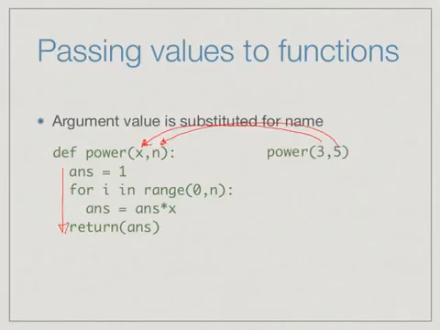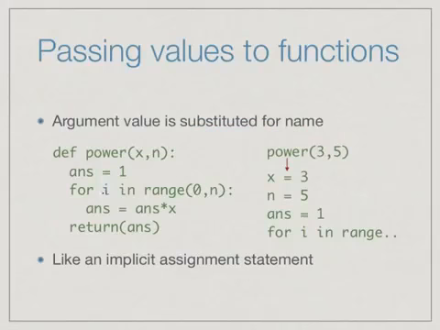You can imagine that when we run this code, it's as though we have this code inserted into our program at this point, preceded by this assignment. The assignment says set the name x to the value passed, namely 3, and set n to 5. So this assignment is what takes place effectively when you call a function.